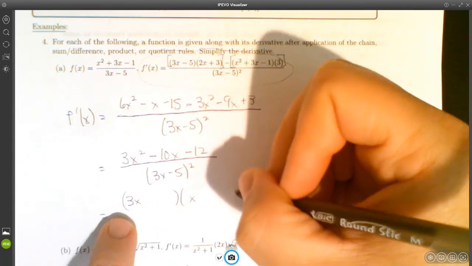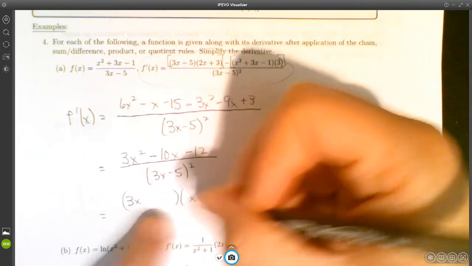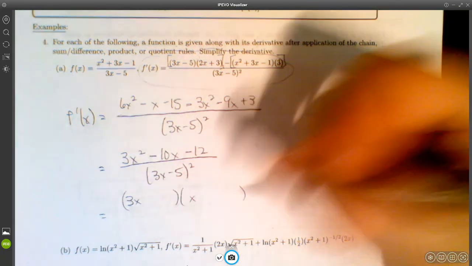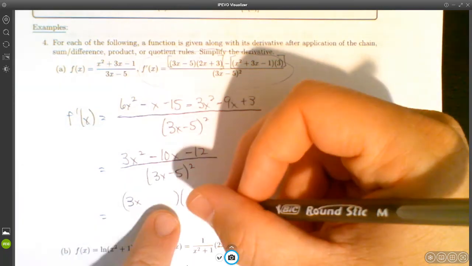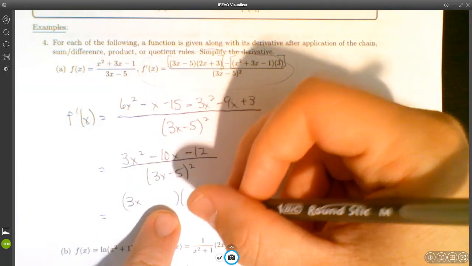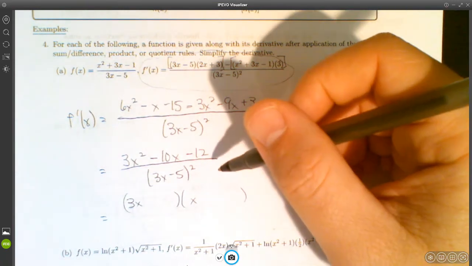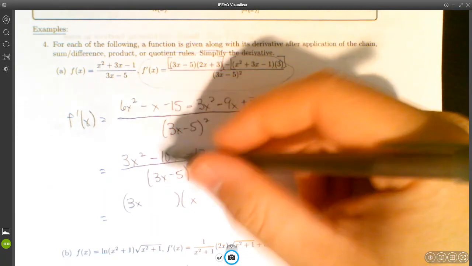But if I do 6, 6 and 2, that'll give me 18. Oh, no, 6 and 2 won't work. 3 and 4. I could do 4 here. That would give me 12. And I'd have to do 3 there. That would give me 9, best case scenario. So that's not going to work either. 12 and 1 would again give me 9.